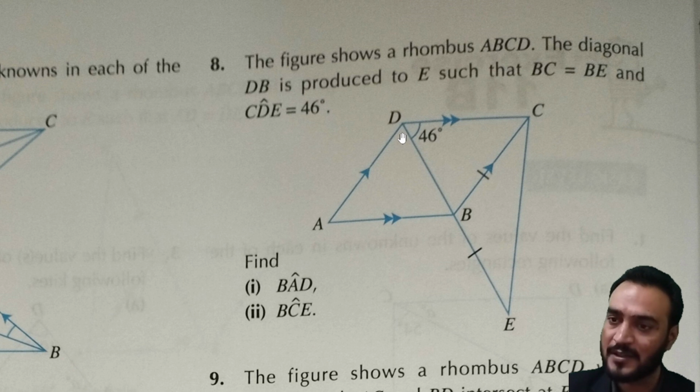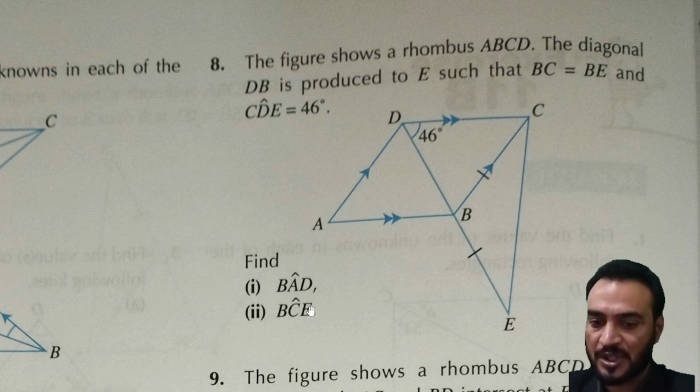So the angle at point D towards C is 46 degrees, it will also be 46 degrees towards A, and the angles at point B in both directions are equal to 46 degrees because the diagonal bisects the interior angle. If half of the angle is 46 degrees, then the remaining half is also 46 degrees. We need to find the angles BAD and BCE.